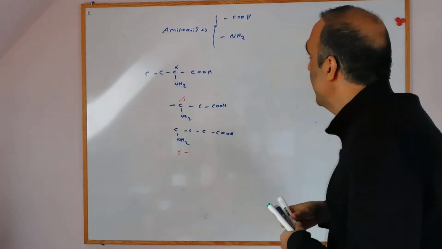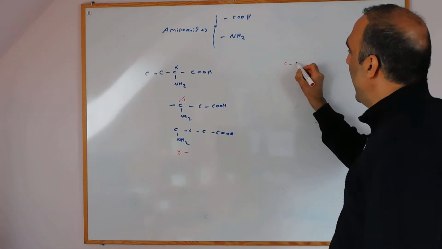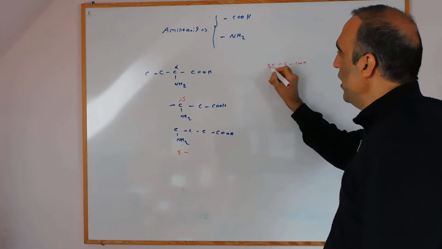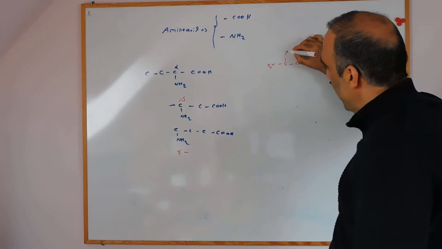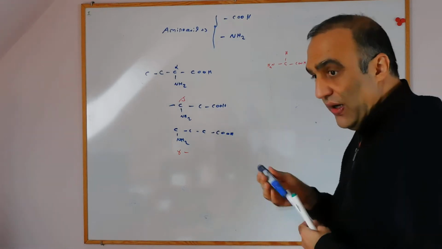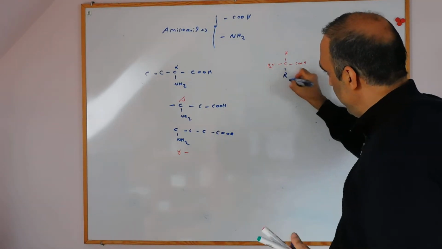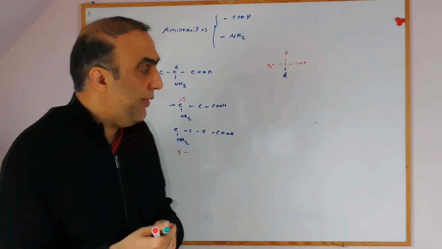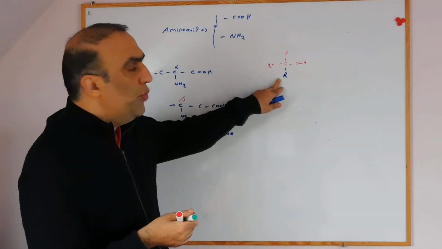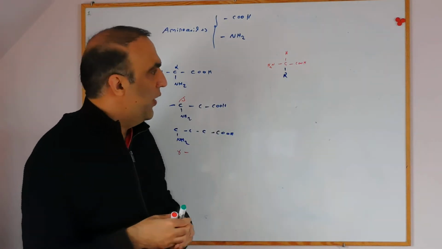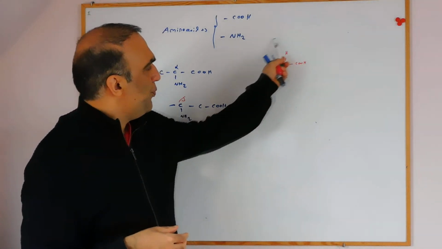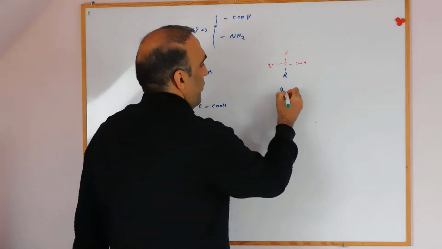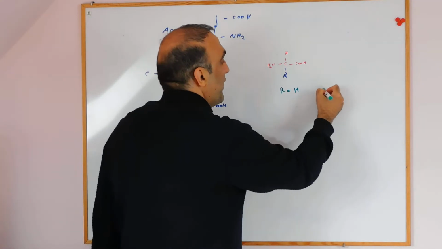An alpha amino acid has one carboxylic acid group, one amine group in the alpha position, one hydrogen, and one R group. Okay? We have 20 types of alpha amino acids, in which the R groups can be different. And as you see here, if R is equal to hydrogen, the amino acid is glycine.